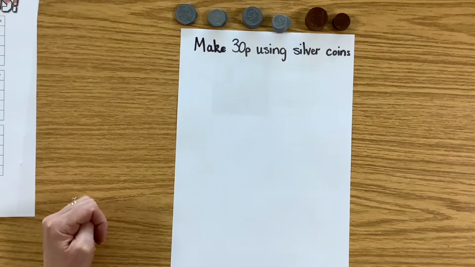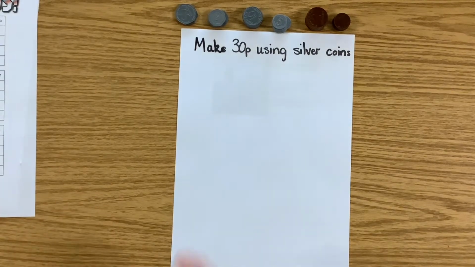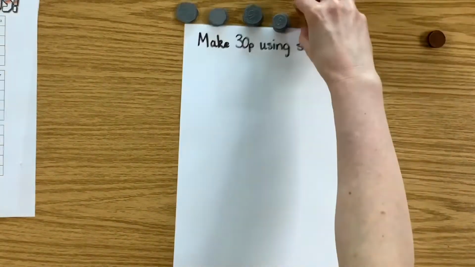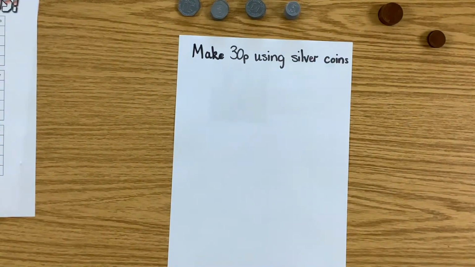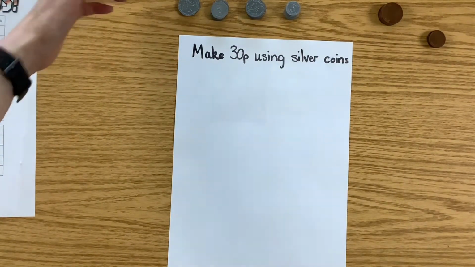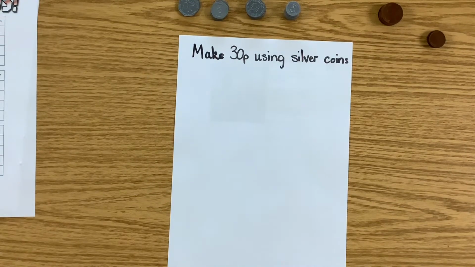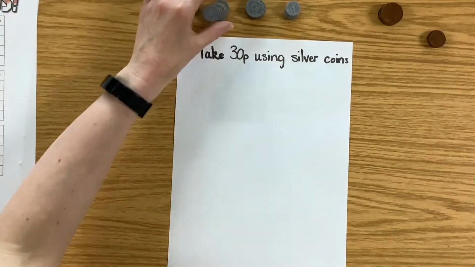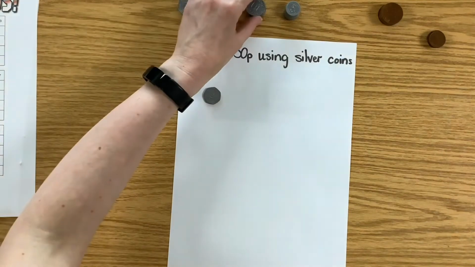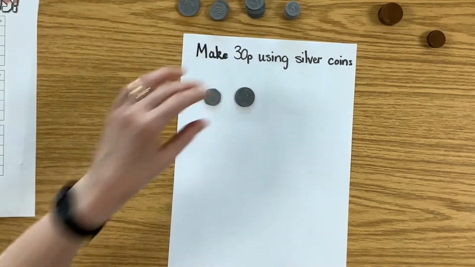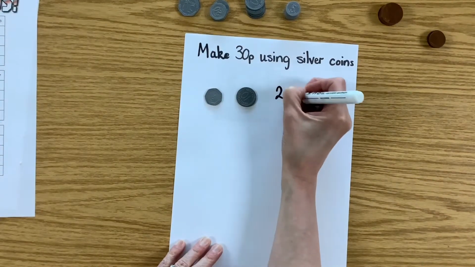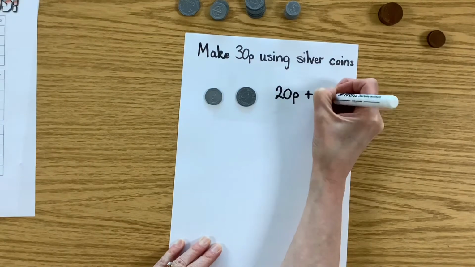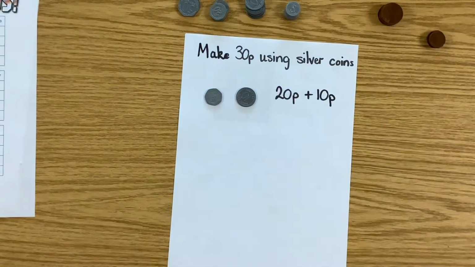Now, how could I make 30p just using silver coins? Well, I'm going to get the bronze coins out of the way. Can you suggest for me any ways in which I can make 30p using silver coins? Well, probably the easiest way would be to take a 20 and a 10. That probably would be the most straightforward way to make 30p. So an easy way to make 30p would be a 20p and a 10p.